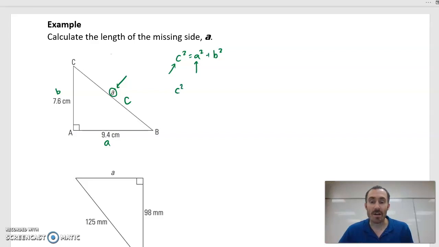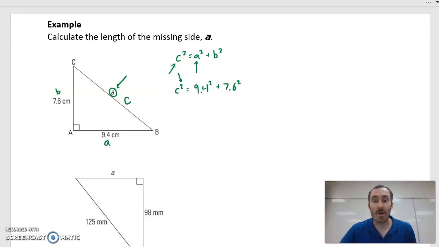And so c squared equals 9.4 squared plus 7.6 squared. Okay, so we're going to square those things and add them up. But before we do that, I want to point out that in order to figure out what the hypotenuse is, we're going to need to get rid of this squared on the hypotenuse.